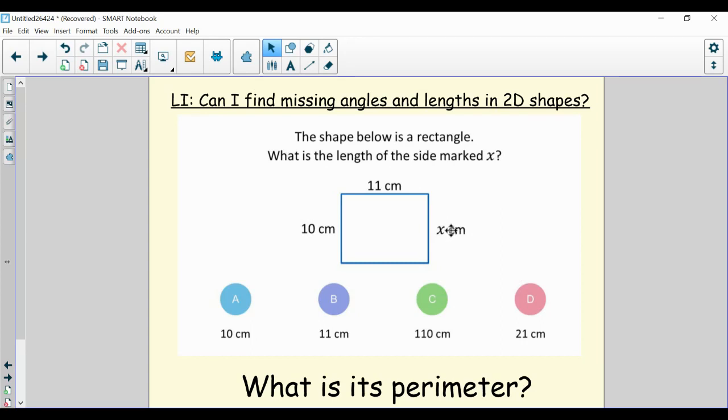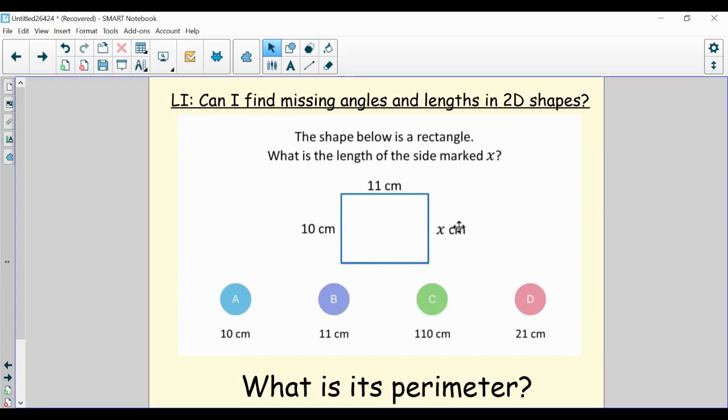Okay, so if you followed the rules from the previous slide, you will have guessed 10 centimeters because the opposite sides are equal. That would also mean that this bottom line would be equal to the top line. So we'd have 2 lines of 11, 2 lines of 10.